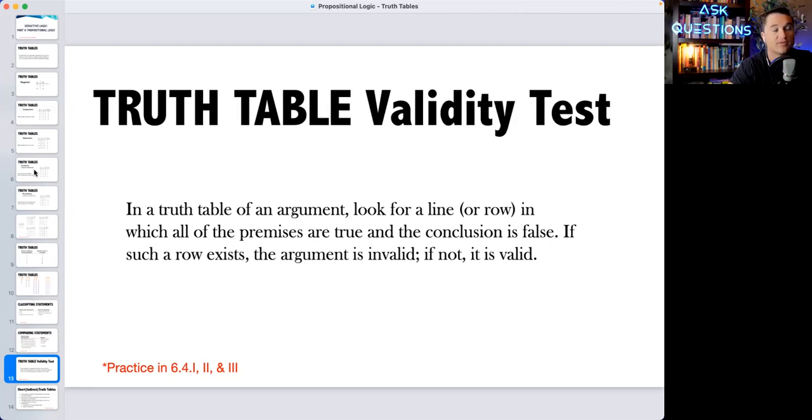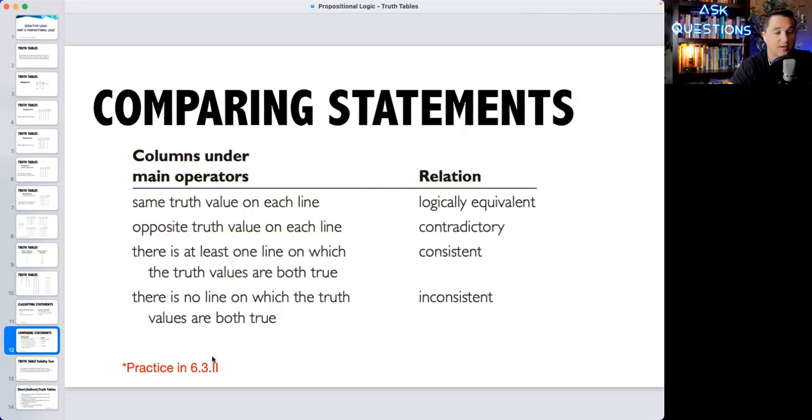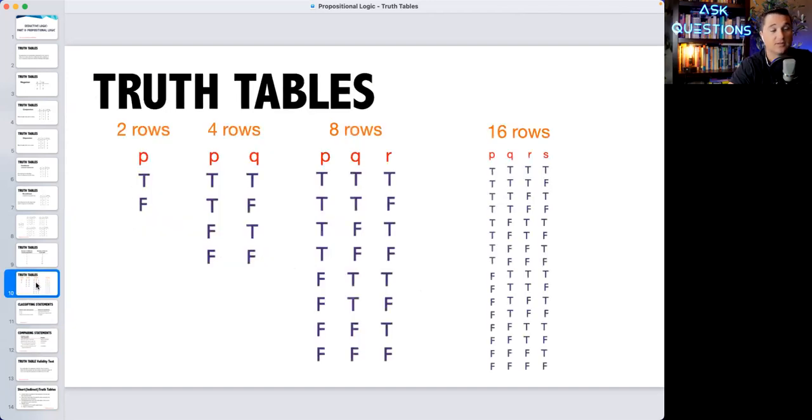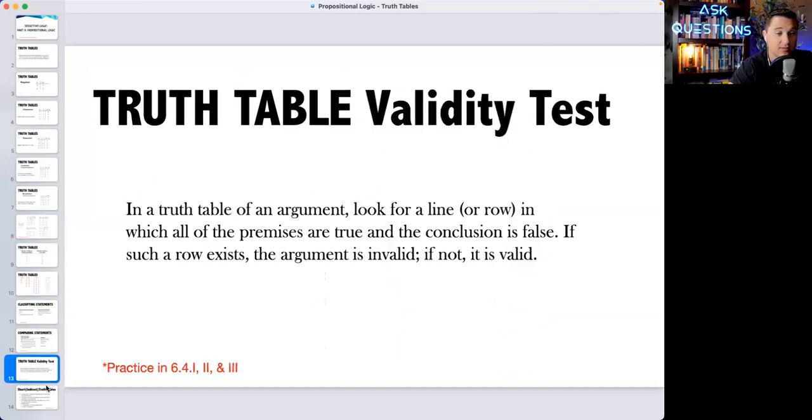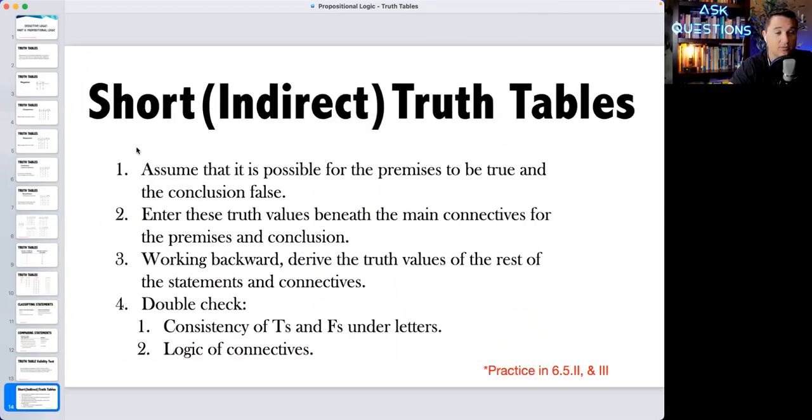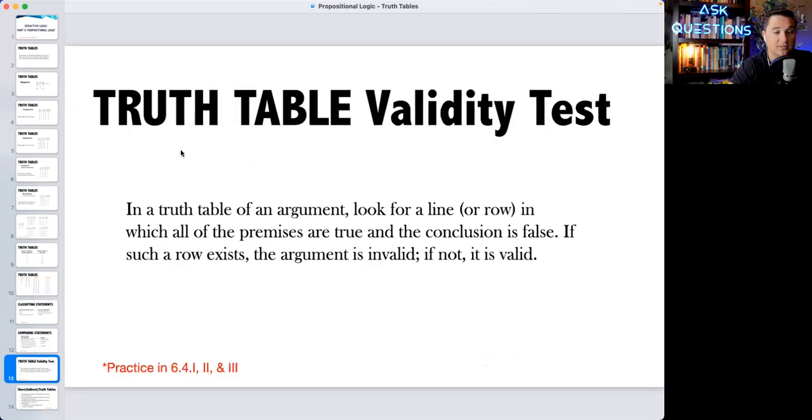This is the most powerful thing we can do with them, is use them to determine validity of deductive arguments. And this shouldn't be too bad, given that we've already done some serious truth tables. We just did an 8-row truth table, and after that we will look at a faster way to do these truth tables.